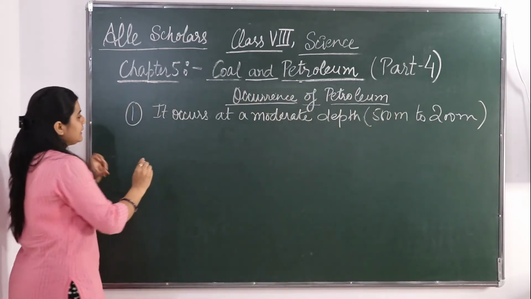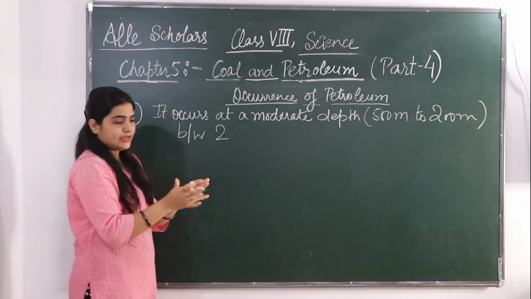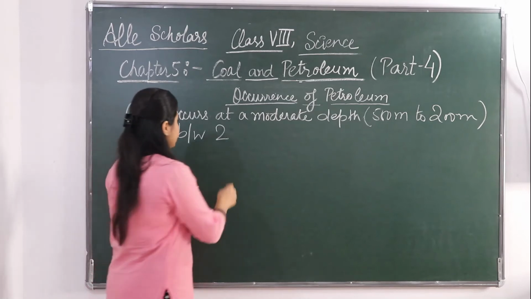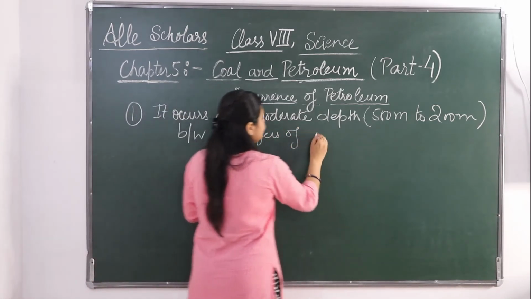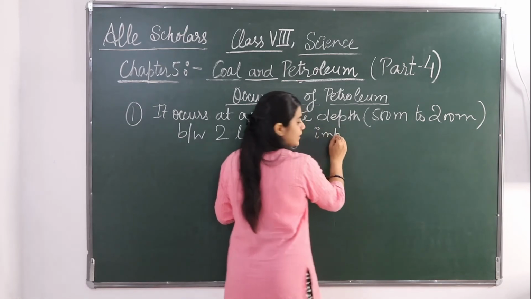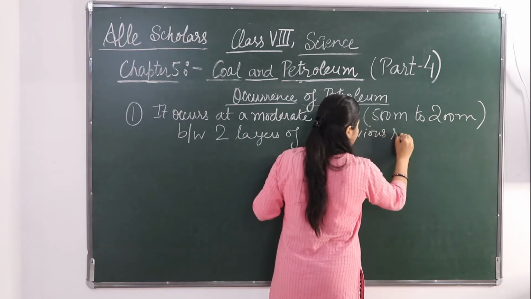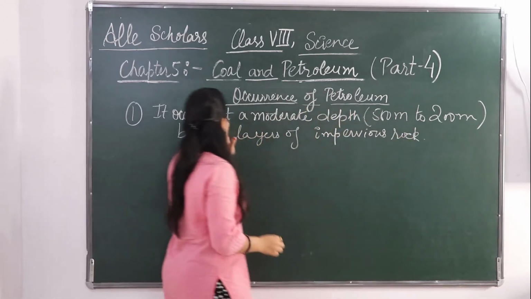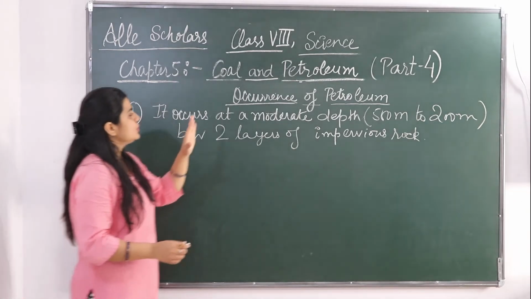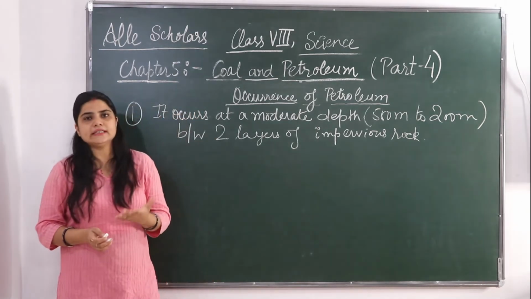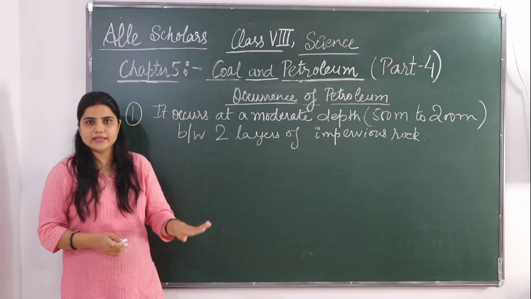And it's between two layers, as I have already told you, two layers of impervious rock. Okay, so this is where petroleum occurs. And as we know that it is lighter than water, hence it floats over it.